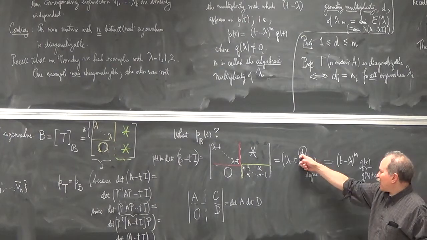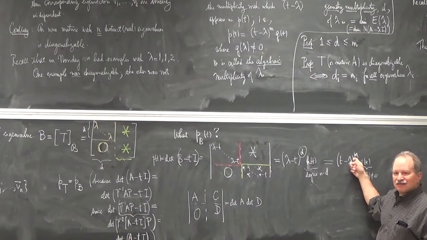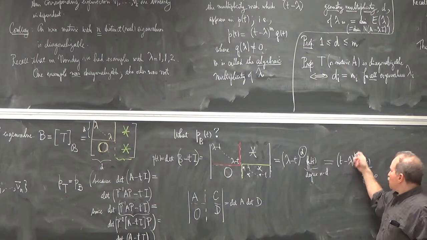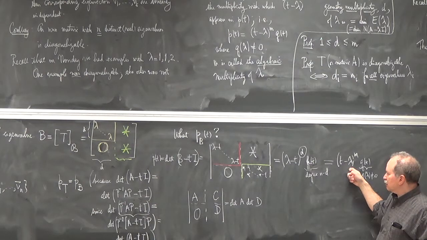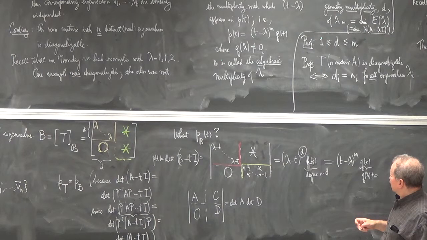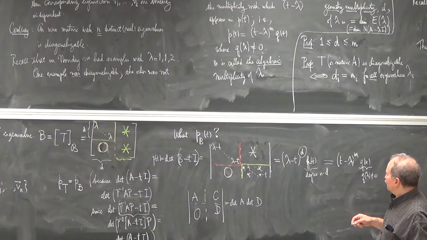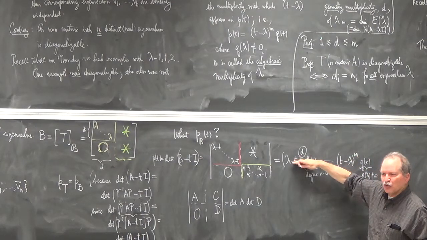You can't have a power here that's bigger than the power that appears here. That's the maximum power that's appearing, because then you can multiply k of t by (lambda minus t) to get g of t. No, m is the largest power of t minus lambda that appears. So you cannot have a larger one appearing here.